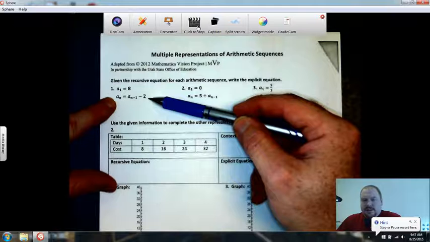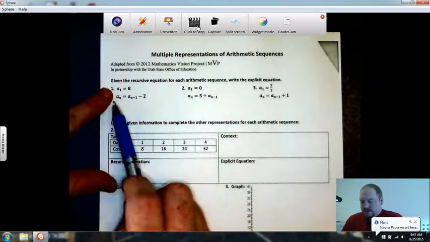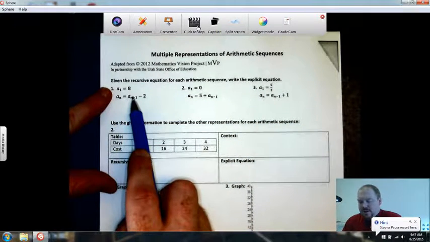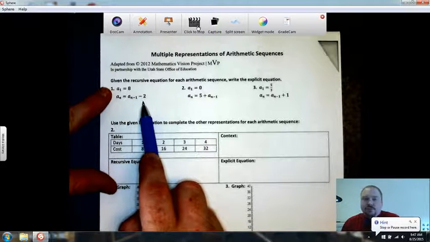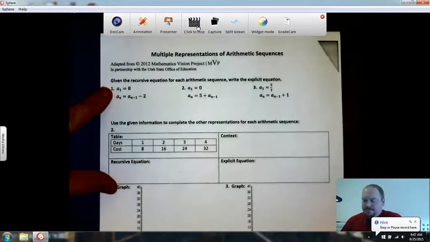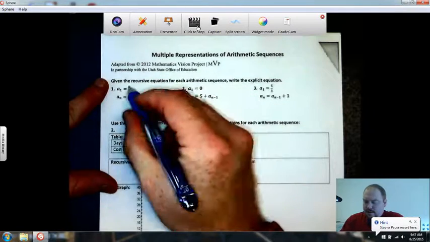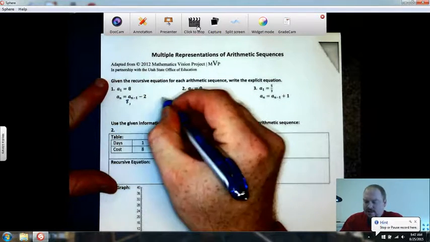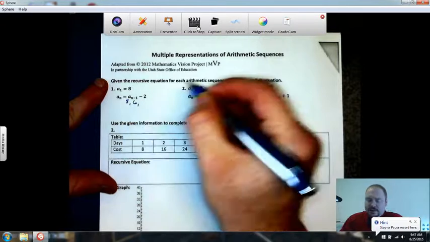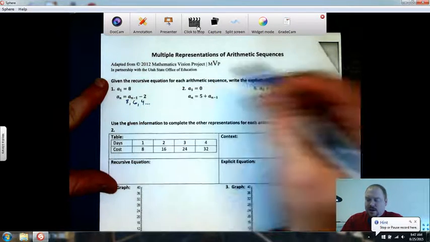They say to get the next number, you take what you have now and you subtract 2. Well, in that case, my first number is 8, the next number, take away 2, is 6, next number take away 2 is 4, and so on.